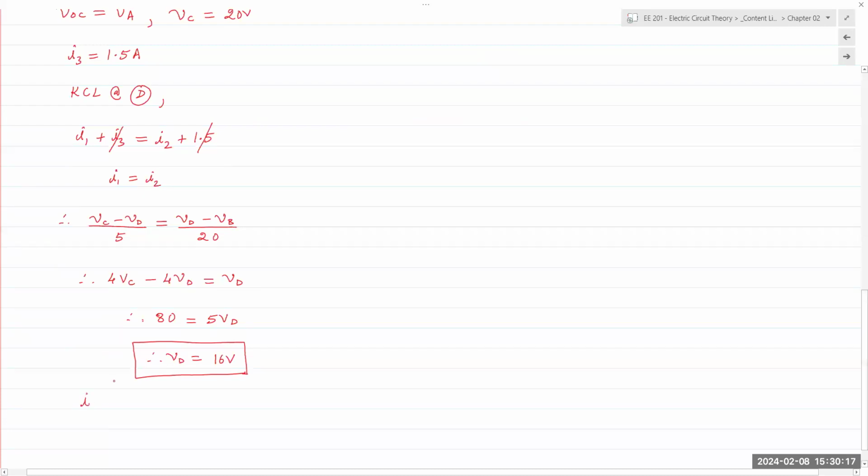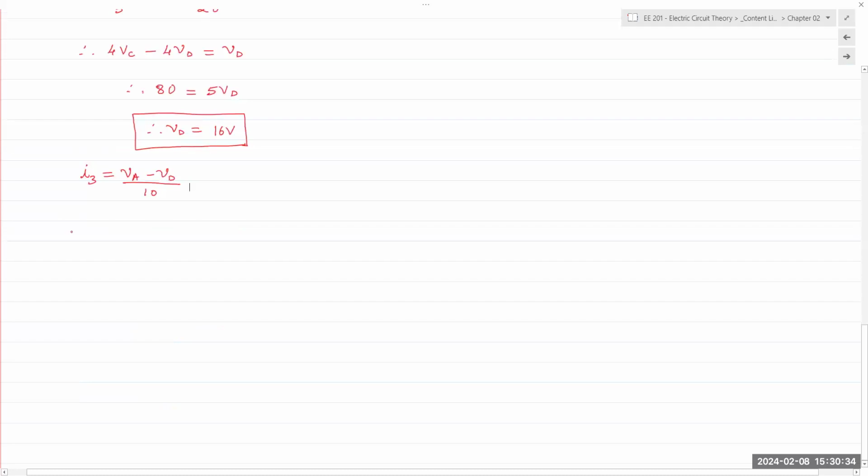I3 can be written as VA minus VD divided by the 10 ohm resistance. And I3 is already known to us. So I can write 1.5 amps is equal to VA minus 16 divided by 10.